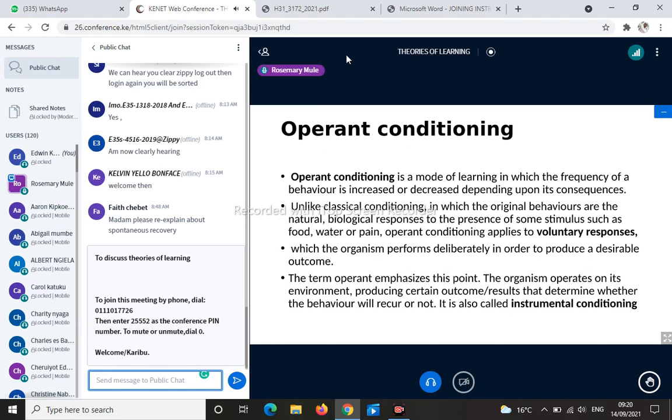We are saying voluntary responses which the organism performs deliberately in order to produce a desirable outcome.